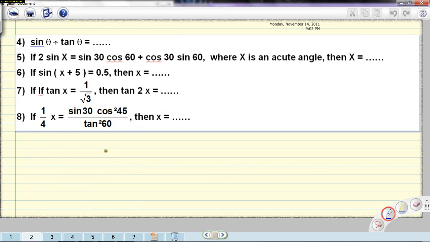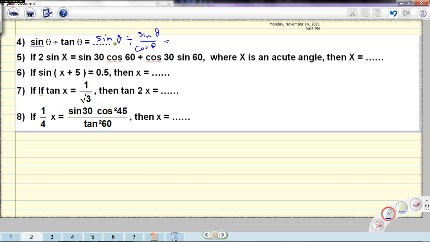Okay, exercise number 4. It says sine theta divided by tan theta. I have a rule for tan theta. You remember this rule? Yes, it's sine theta over cosine theta.